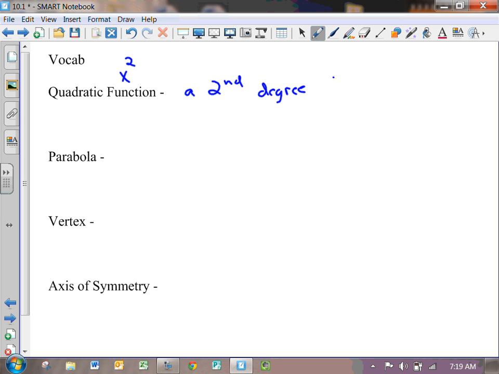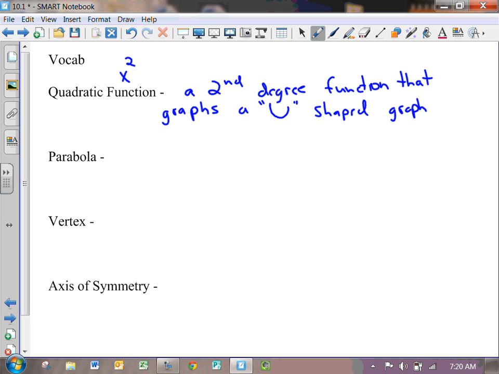A second degree function that graphs a U-shaped graph. I like to put a U, but I don't like to put the tail on it because then it looks bad. All right, so that's a quadratic function.